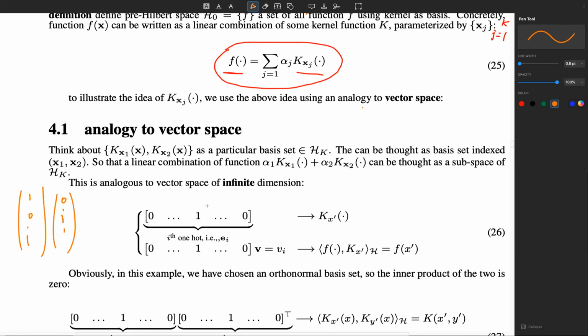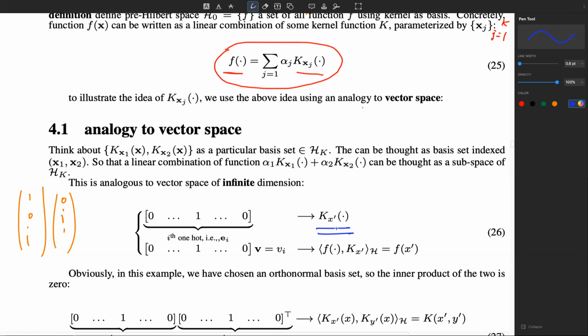In some ways, this is not entirely rigorous. I'm just making an analogy. In some ways, this corresponds to this kernel function. I mean, this is kind of weird, right? Why is it a basis? But if you think about it, this is a basis in your vector space, and that's your basis in your functional space.